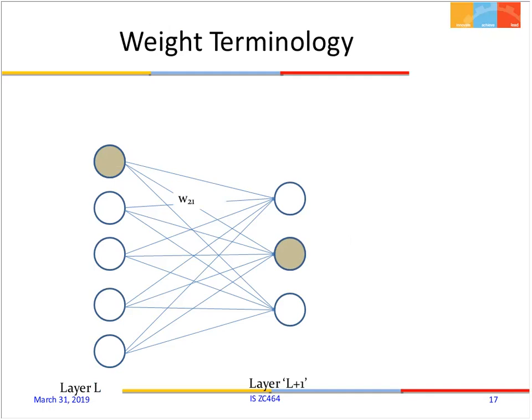Because the next layer neuron, the second neuron, is connected to the first neuron at the first layer. So the index of the next layer's neuron comes first here, and the index of the neuron at the previous layer comes later. That is one notion that is followed mostly uniformly. But if you write W12, then also there is not a problem, right?